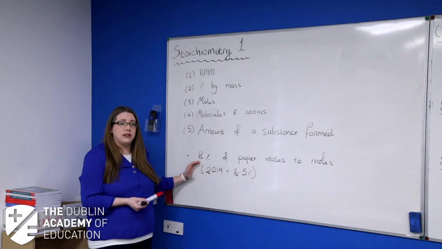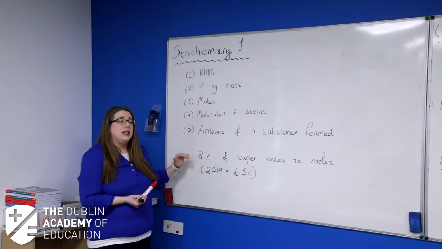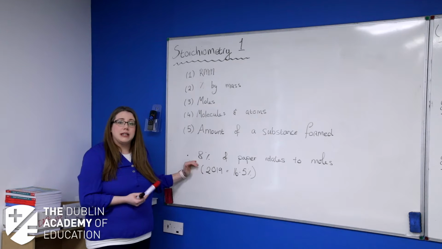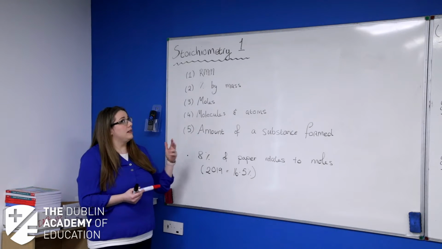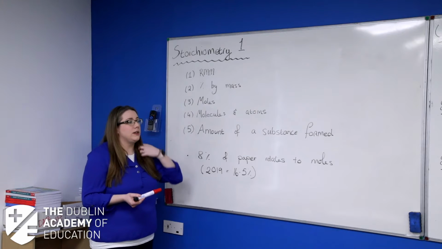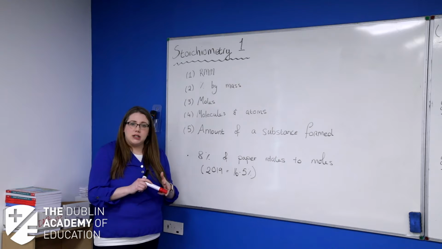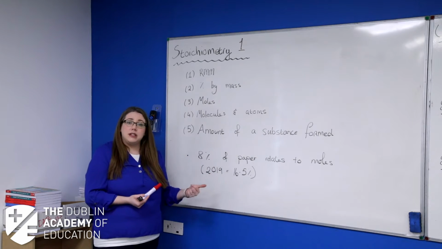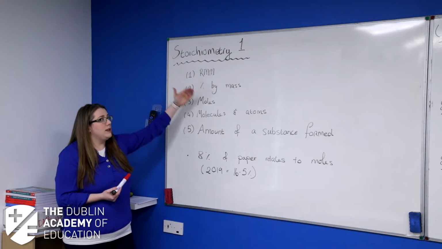Approximately, on average, for the last 20 years, 8% of the chemistry paper at higher level is related to moles and being able to calculate them. Now, this doesn't just mean in here. There's another class that I do later on for stoichiometry where we look at the gas laws, we look at titrations and take it a little bit further and the limiting reagents. So that 8% is not just what's in here.